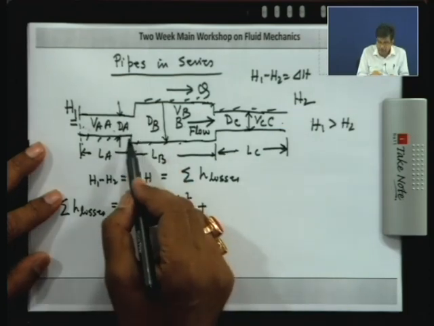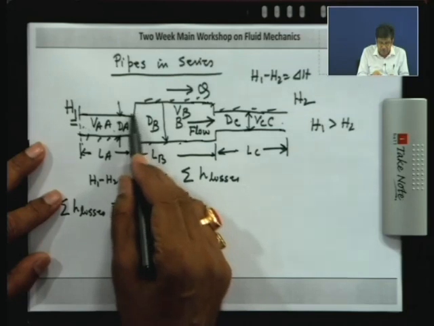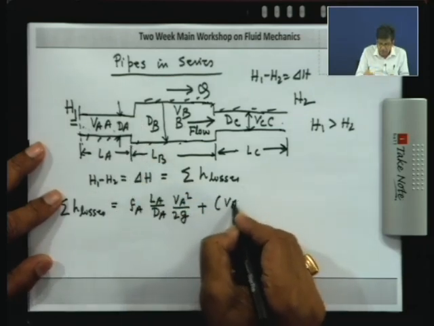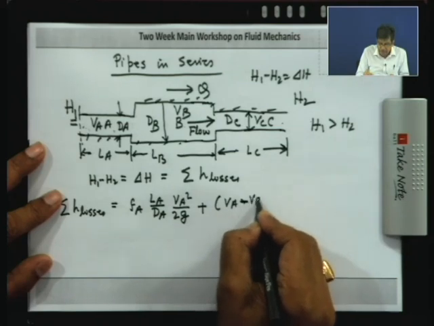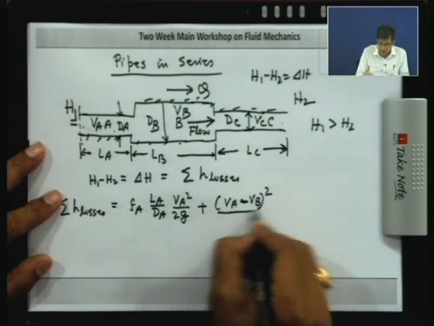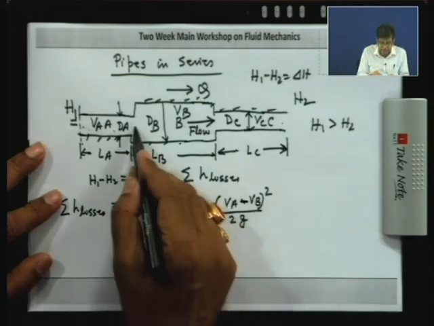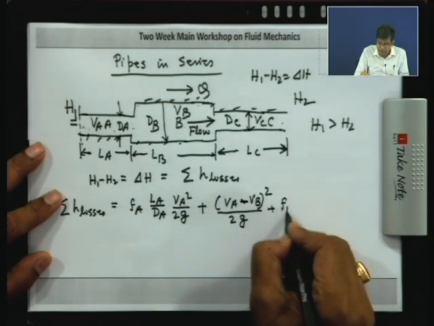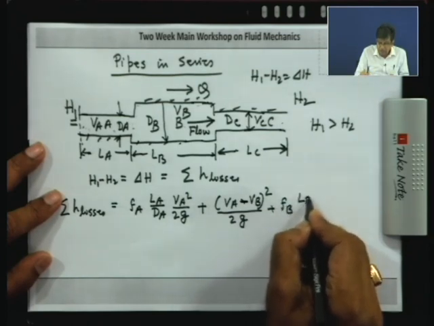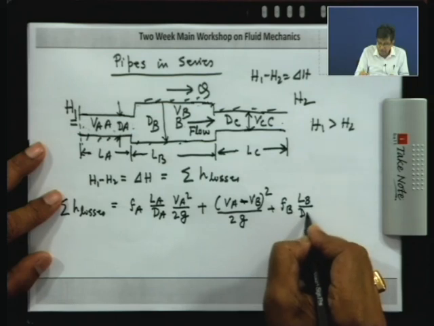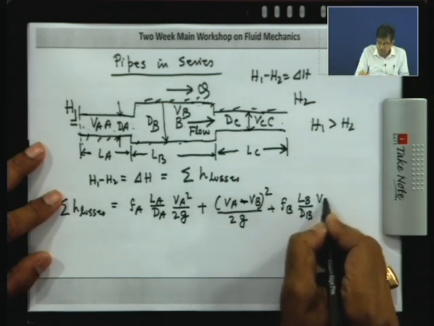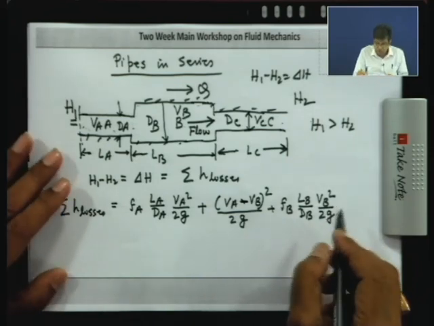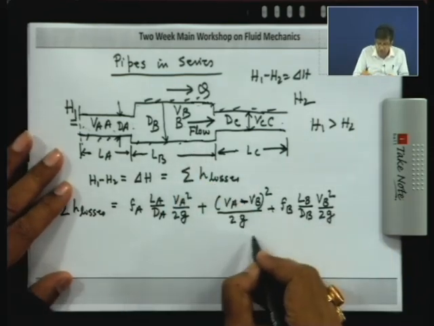There is an expansion loss, losses due to sudden enlargement, that is VA minus VB whole square by 2g. Then the skin friction loss in the pipe B, that is FB LB by DB VB square by 2g, plus, what is this?